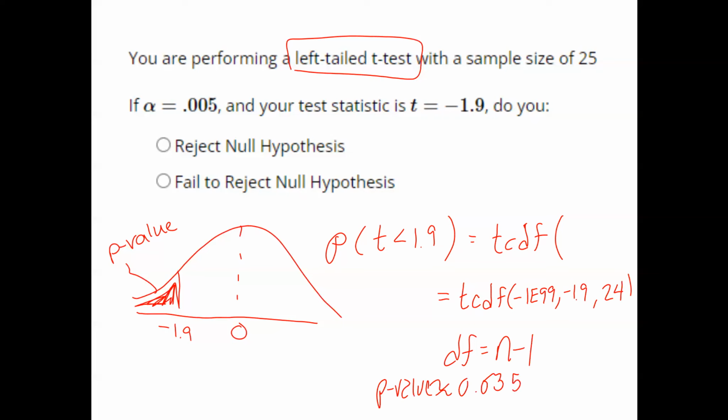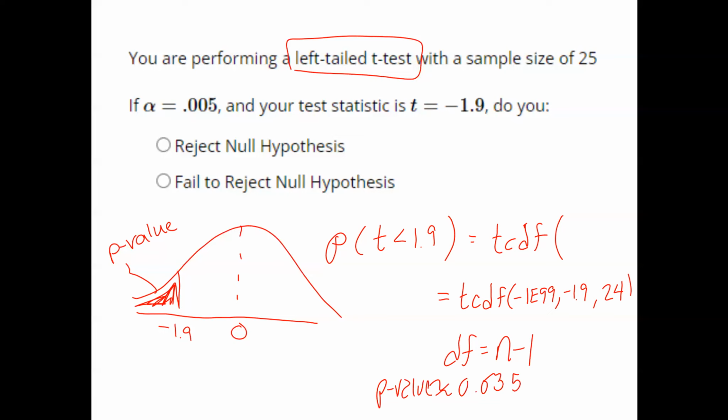Okay, so compare that to 0.005. Well, 0.035 is bigger than 0.005. That is a bigger number. 0.035 is larger than our preconceived preset alpha.